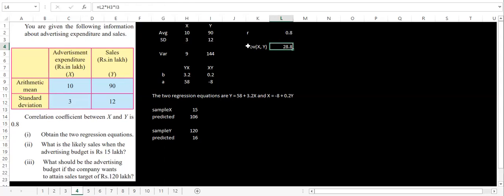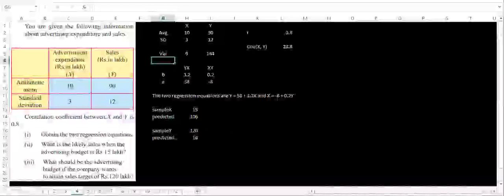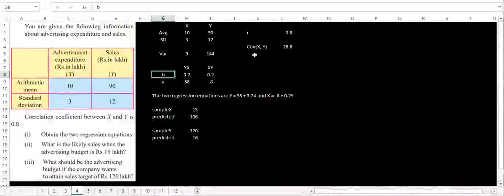Once we have the covariance and the variance of the two quantities, we are in a position to find all the regression coefficients. It's the same drill that we've been doing in the past video as well. The regression coefficient is the covariance divided by the respective variance, and you can calculate the constant a using the b values and the average values.